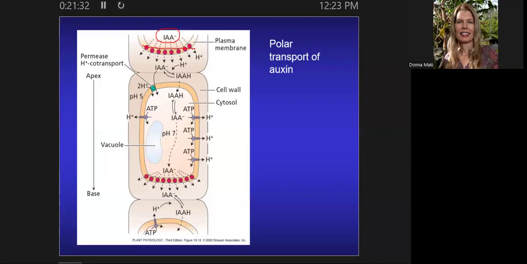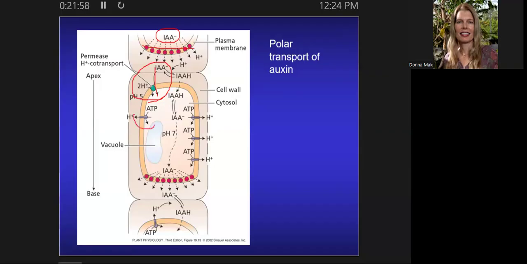And then they're trying to show that it's coming out of that cell and going into the neighboring cell again through another transport protein. And you can see active transport is involved because they're showing that auxin and a proton are going in together. So that is implying you had to get the use of ATP to get that proton gradient.